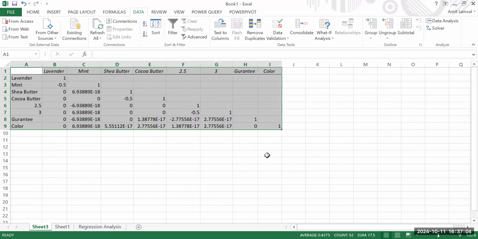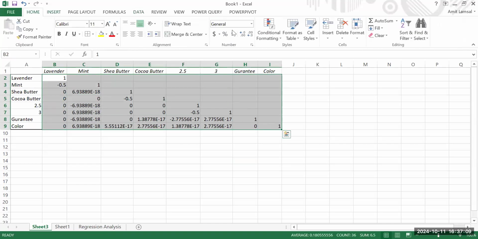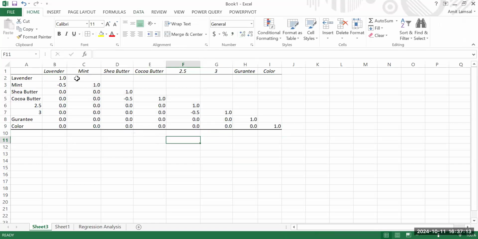Here you can see, I'll just make it easier to understand. The relation between lavender and lavender is 1. This must happen, right? Otherwise, our problem will be wrong. Likewise, the relationship between mint and lavender is negative 0.5. So this means mint is negatively correlated with lavender with the value of negative 0.5.